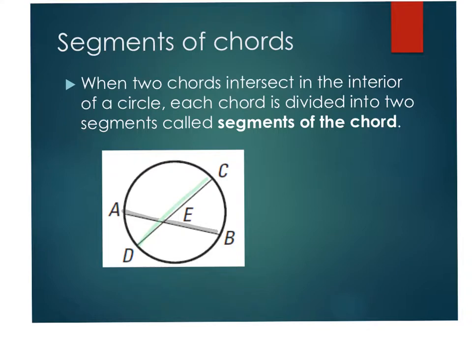And this little piece here from A to E is a segment of a chord. And then from E to B is another segment of a chord. And then you could say a segment from D to E, and then also from E to C. So there's 4 smaller segments of the chord in this picture. Each one is a segment.